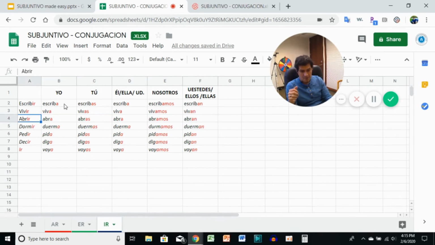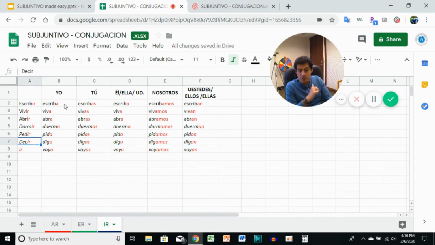Again, we have 4 irregular verbs here. Dormir, and they copy the irregular conjugation from present tense. Dormir, yo duermo in present tense, but in subjunctive, yo duerma. Tú duermas, él, ella duerma, nosotros durmamos, ellos, ellas duerman. Pedir, yo pida, tú pidas, él, ella pida, nosotros pidamos, ustedes, ellos, ellas pidan.